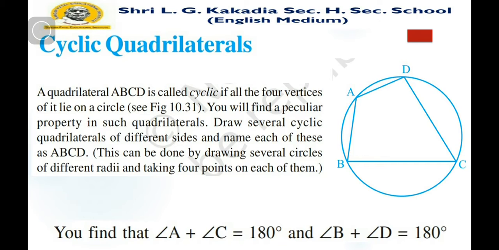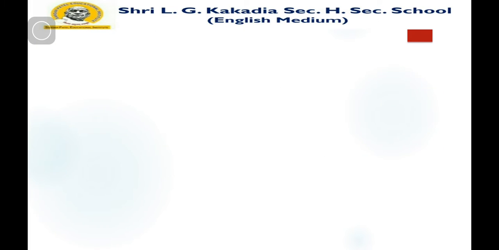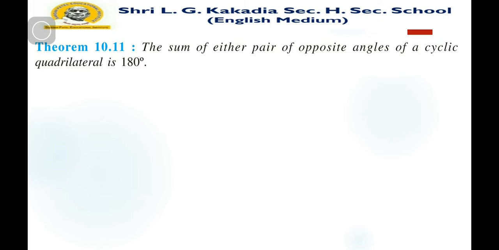By using this property we derive Theorem number 10.11, that the sum of either pair of opposite angles of a cyclic quadrilateral is 180 degrees.